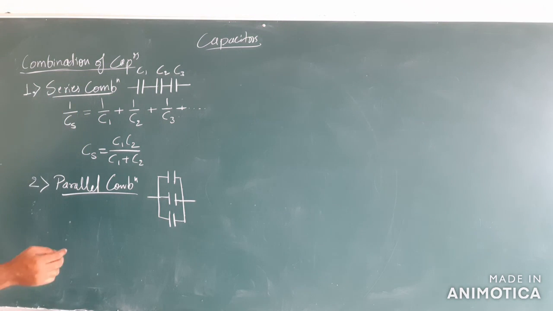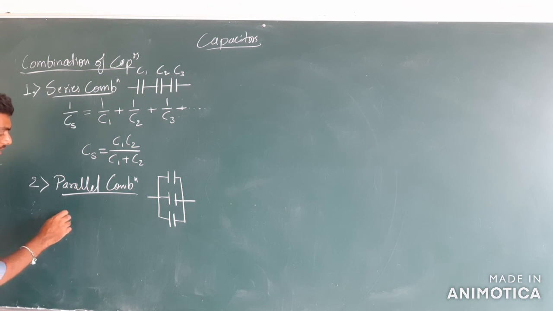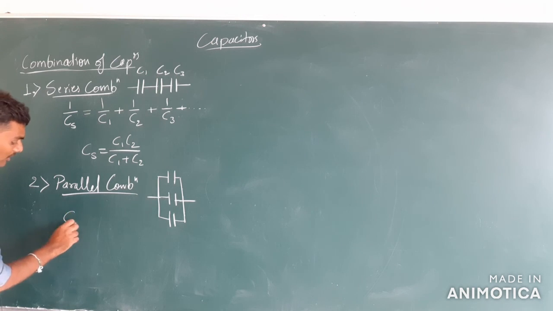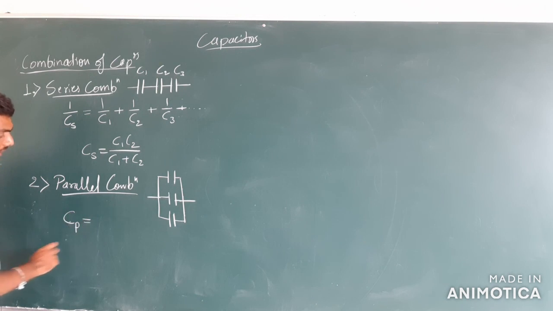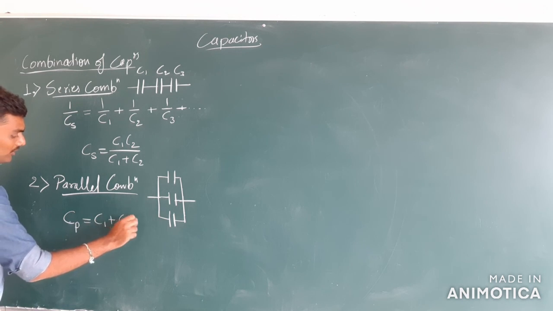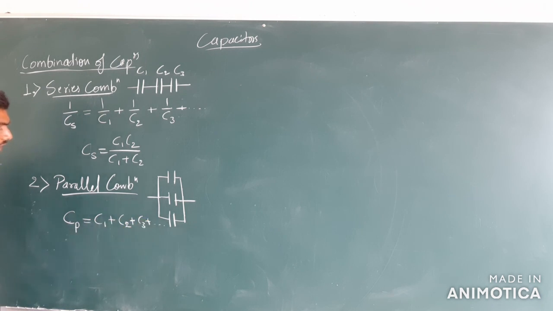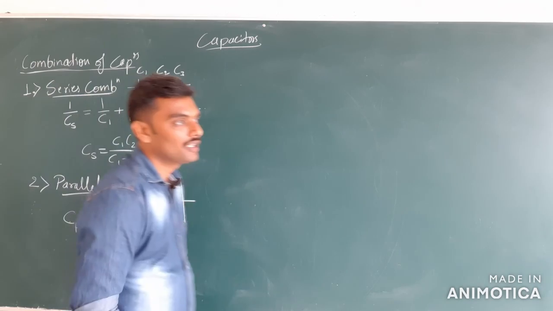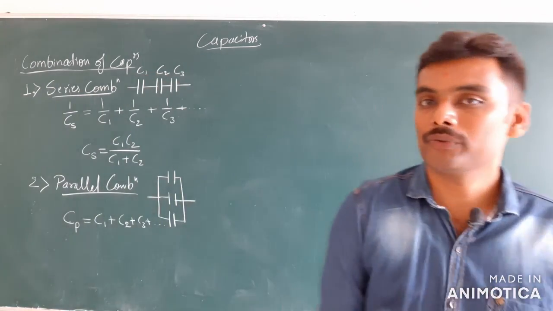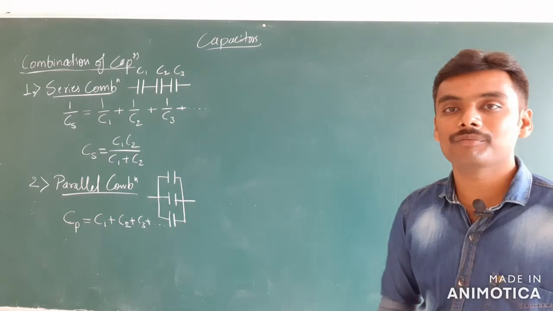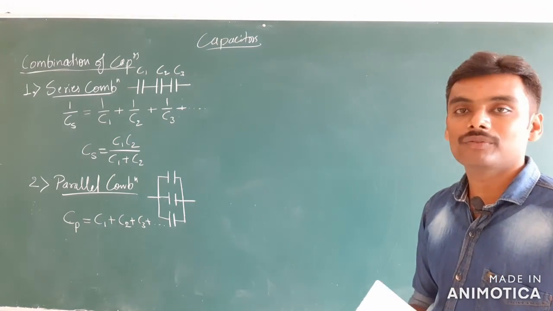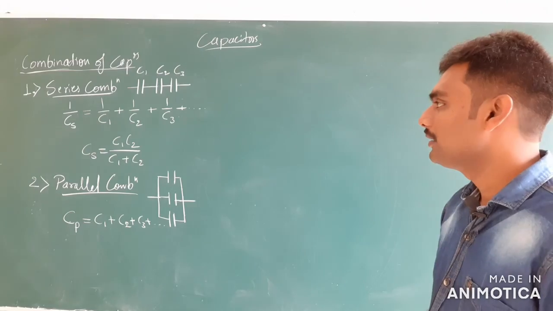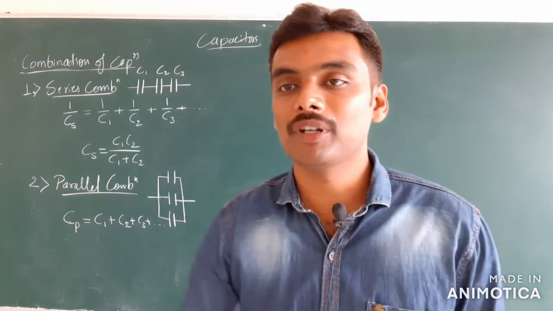For this kind of parallel combination, the effective capacitance Cp is equal to C1 plus C2 plus C3 and so on. These two are basic combinations and the formulae are easy. But now come slightly complex combinations, some of which do not have direct formulae, and we need to decide them using certain laws. Let us look into those complex combinations now.